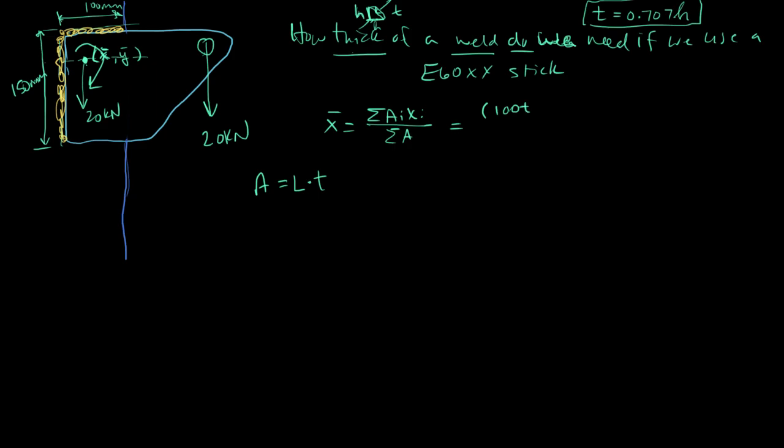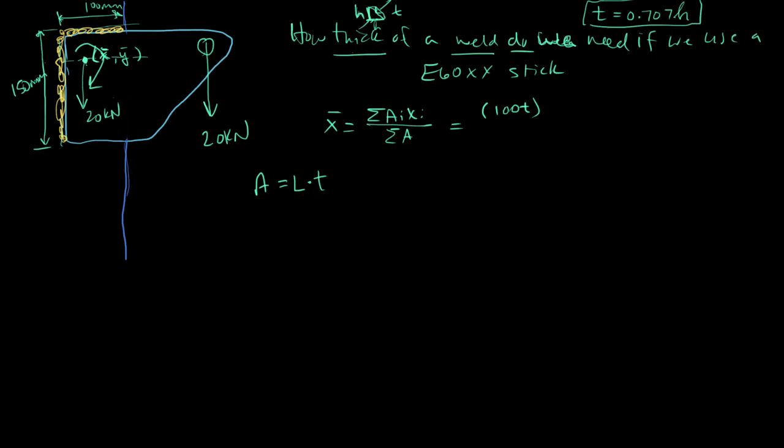So we have 100 times the throat, that's the weld area, times the distance, if we pick this as the origin up here at the top left corner.